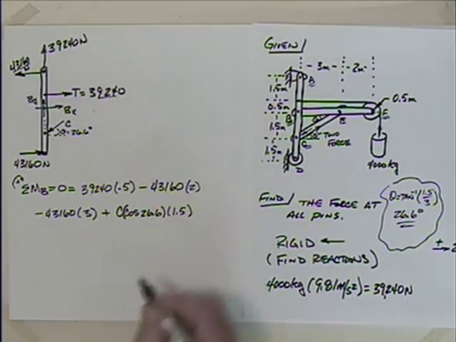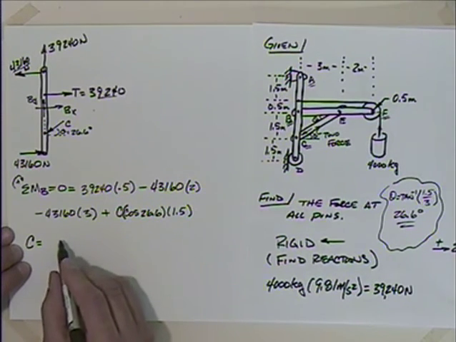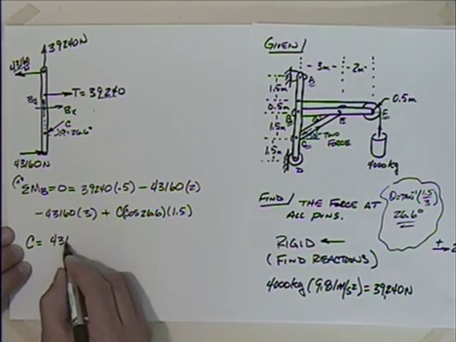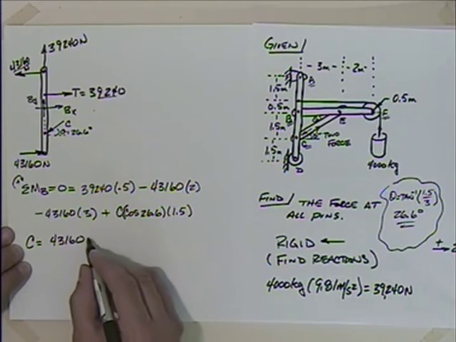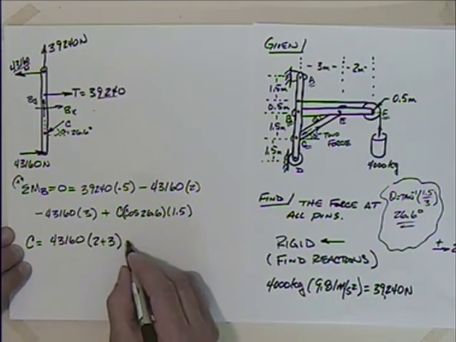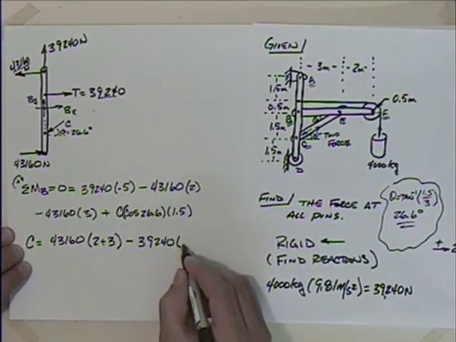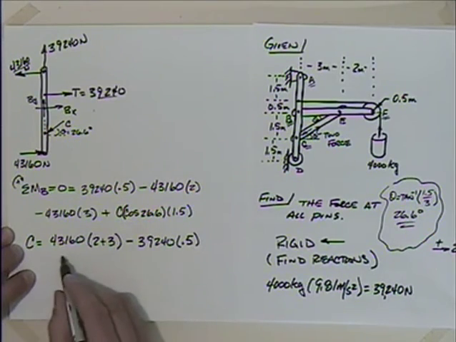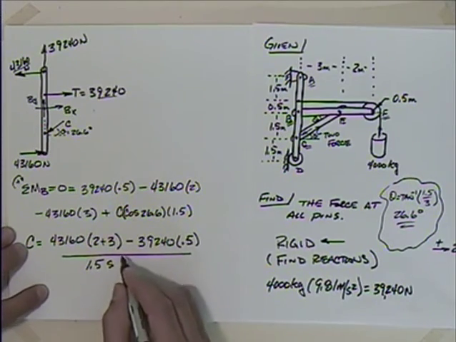That would intersect B. So I should be able to solve for C and say that C is equal to 43,160. When this moves to the other side, it becomes positive. When that moves to the other side, it becomes positive. So I have 2 plus 3. And then I have to subtract off 39,240 times 0.5. And I better divide this whole thing by 1.5 times the cosine.